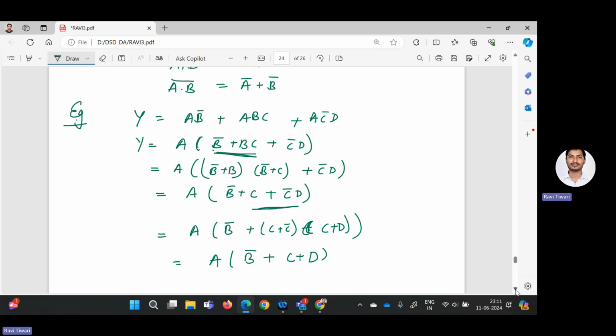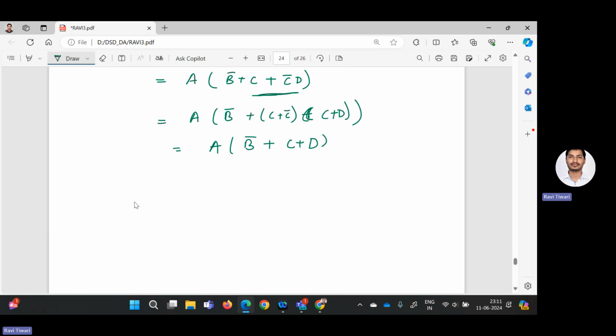Let's see one more question related to it. The second question: F is equal to x y z plus x bar y plus x y z bar. For example, this is the question. So how to start this type of question? Try to take the common terms, like in the first and the last.